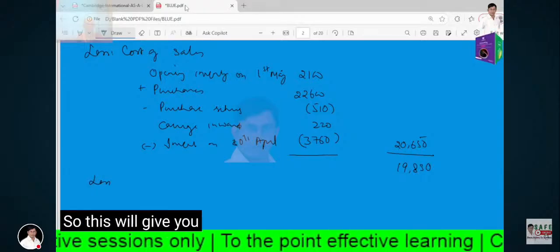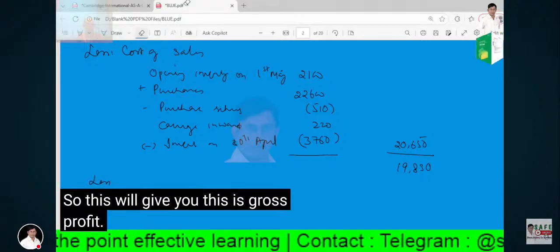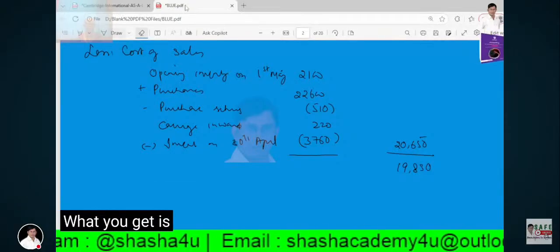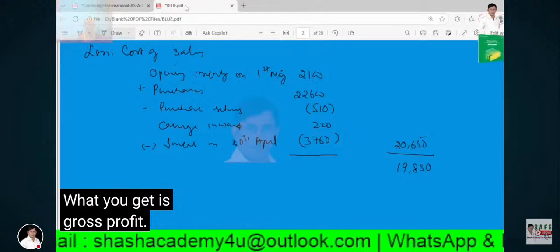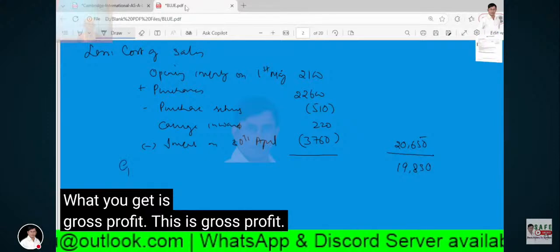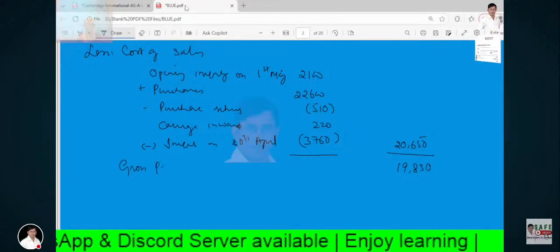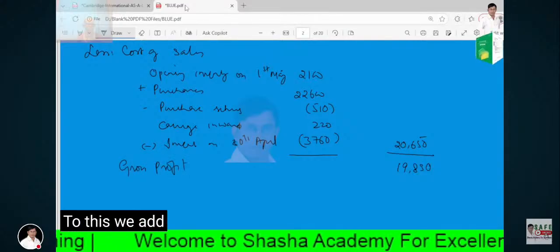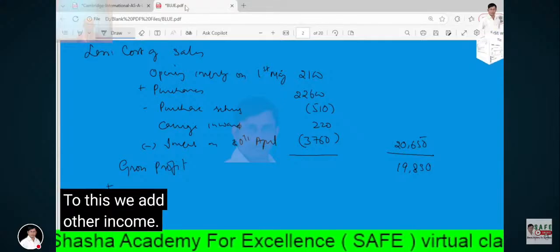So this is gross profit. What is it? Gross profit. To this we add other income.